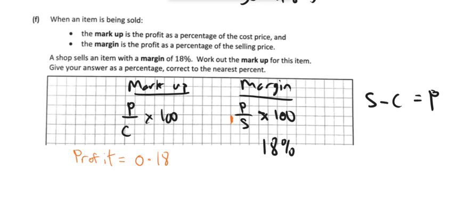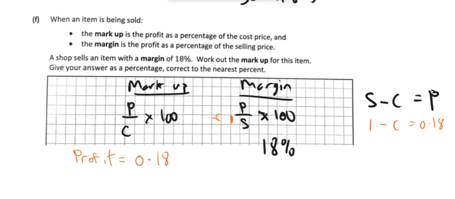So if selling price is 1, not the cost price, the selling price is €1, then the profit would have to be 18 cent, and then you can sub that in over on the right here. So the selling price we're letting is 1 minus the cost price is equal to, and then the profit would have to be 0.18 for that.